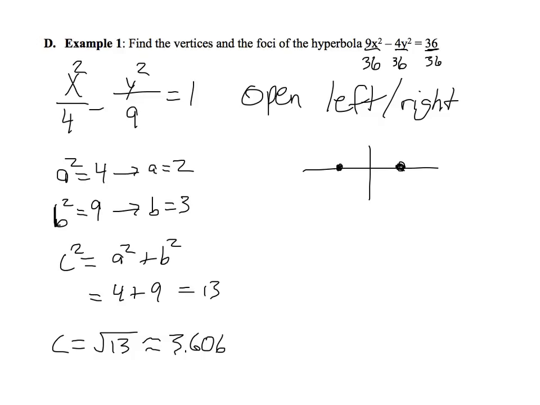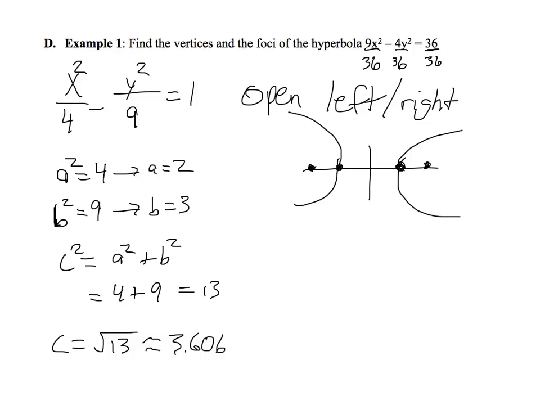The foci will be on the outsides of that, so another 1.606 away, so maybe something like this. Again, it would just kind of open up like that, just so we kind of get a visual sense of what it's going to look like.